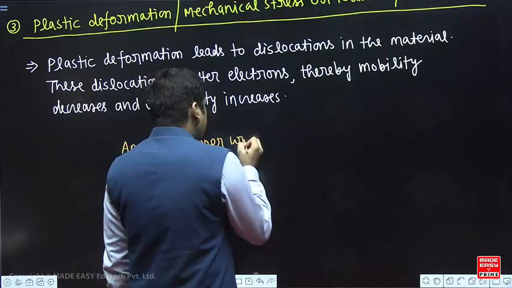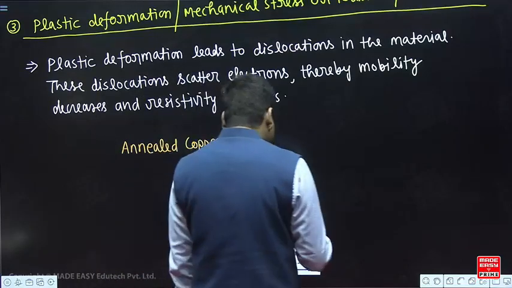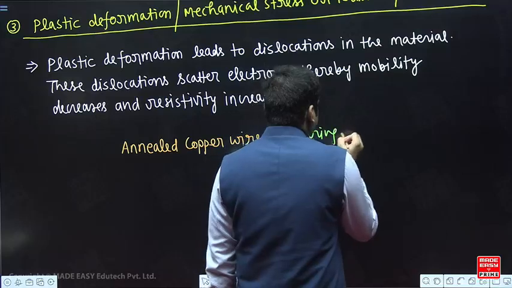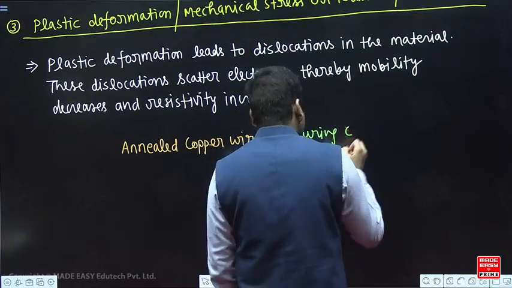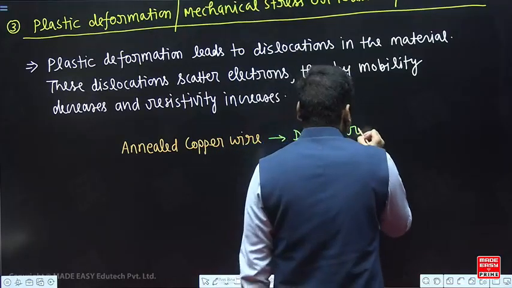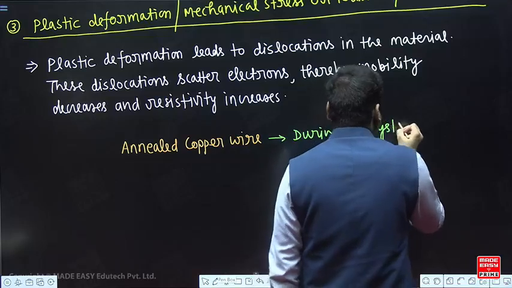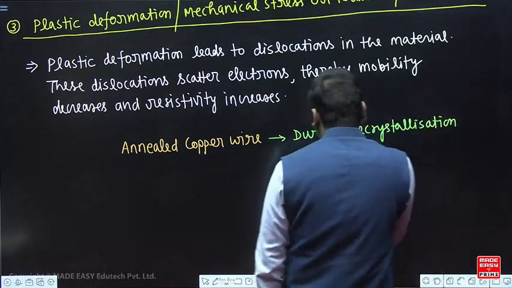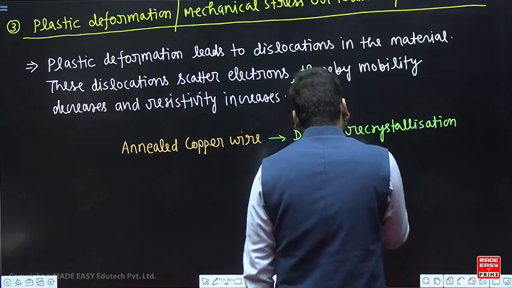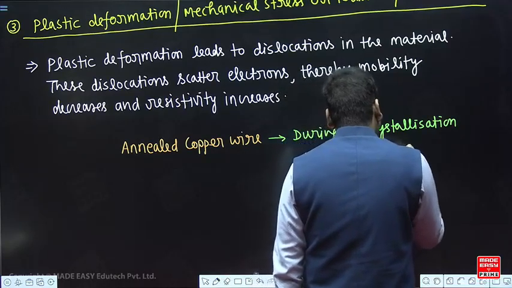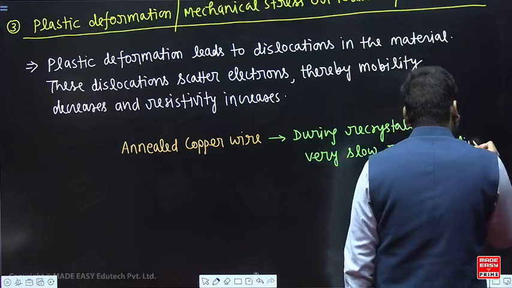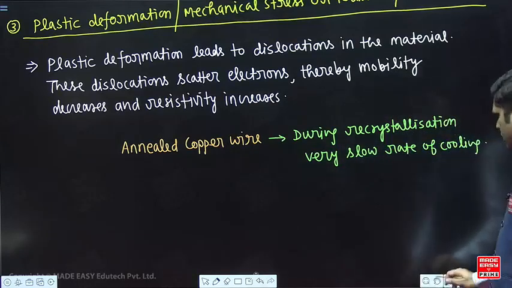In the annealed copper wire, during recrystallization, there is a very slow rate of cooling.